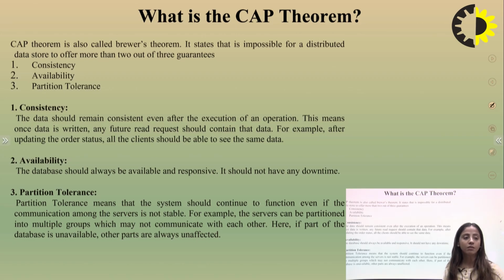It should not have any downtime. Partition tolerance means that the system should continue to function even if communication among the servers is not stable. For example, the servers can be partitioned into multiple groups which may not communicate with each other. Here, if part of the database is unavailable, other parts are always unaffected.